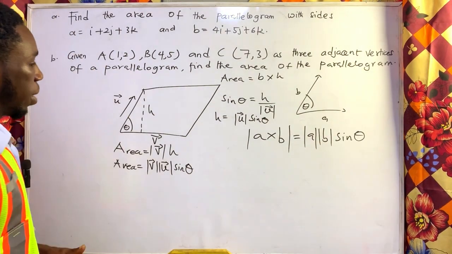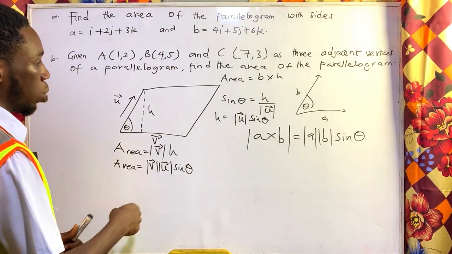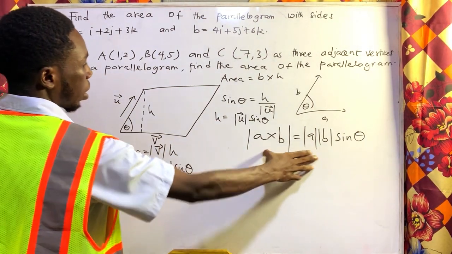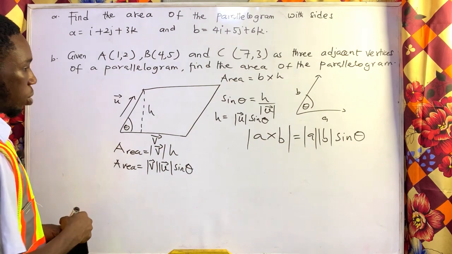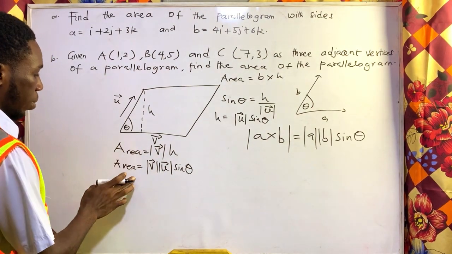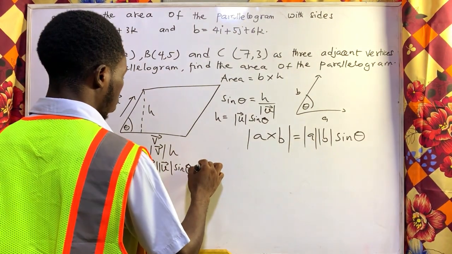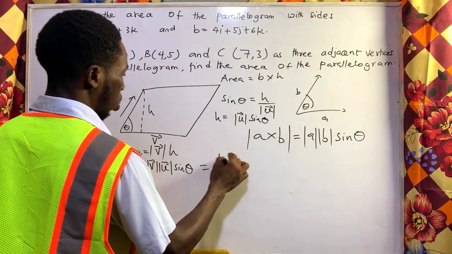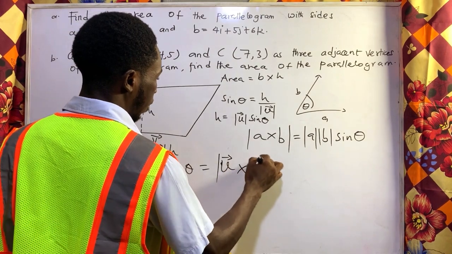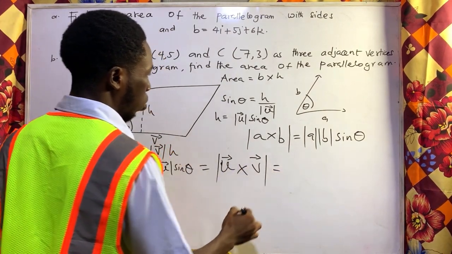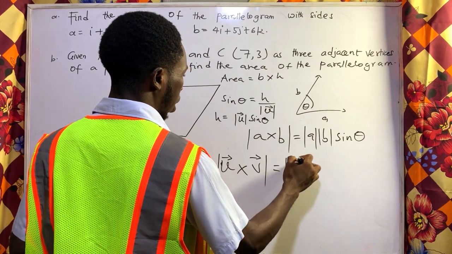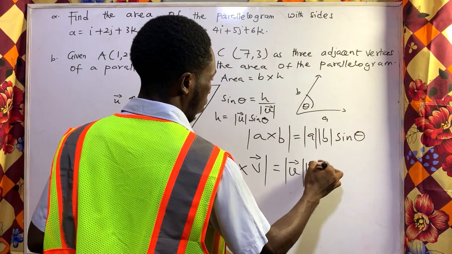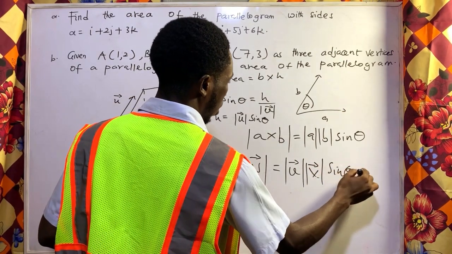I'm going to apply the same thing here with vector u and vector v. So the area is equal to the magnitude of the cross product of vector u and v, which is equal to the magnitude of vector u multiplied by the magnitude of vector v, sine theta, right?